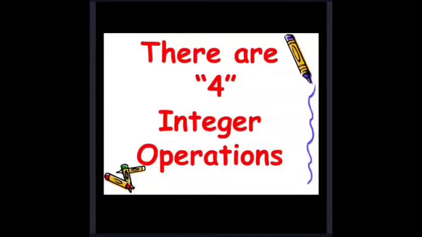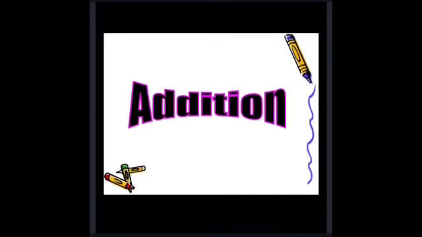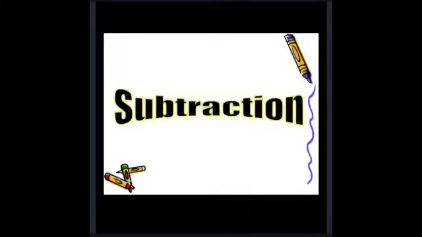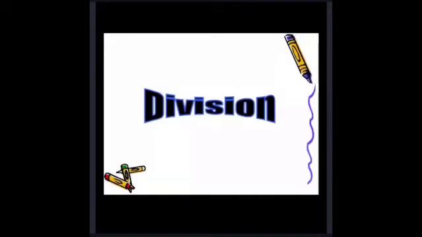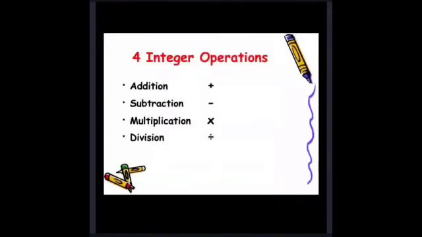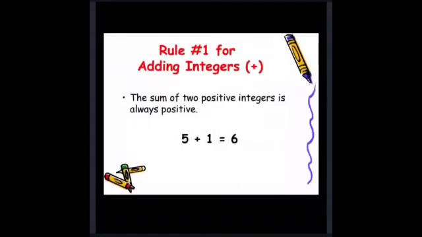There are 4 integer operations. The very first one is addition, second is subtraction, third is multiplication, and fourth is division. Now let us try to understand rule 1 for adding integers.